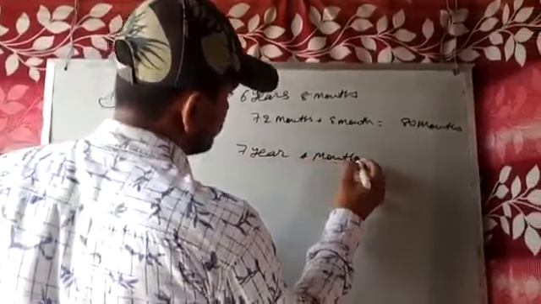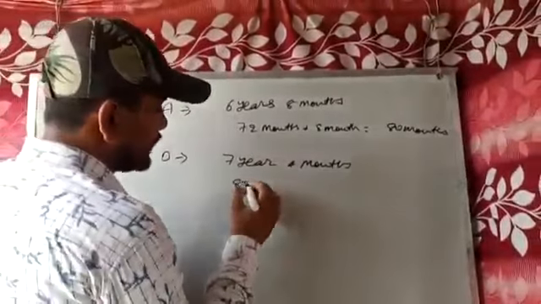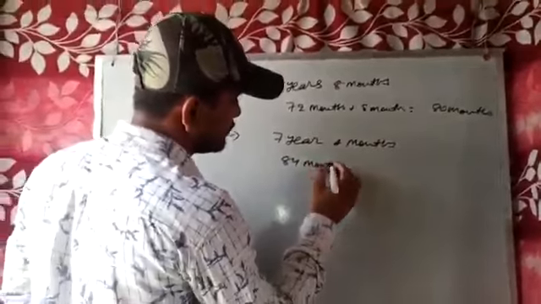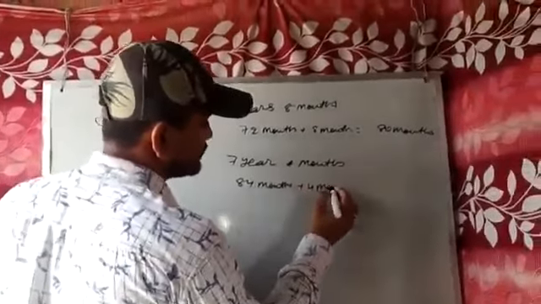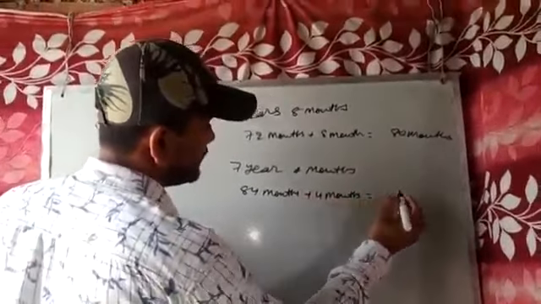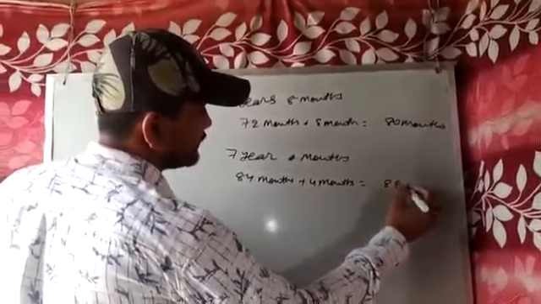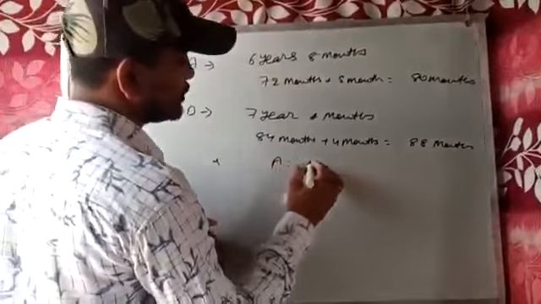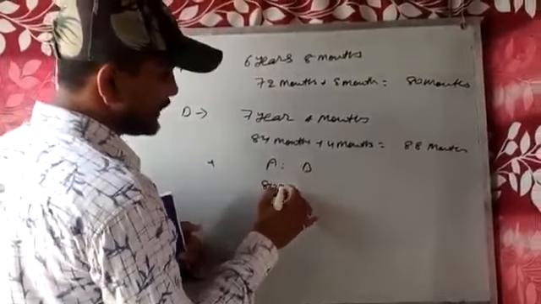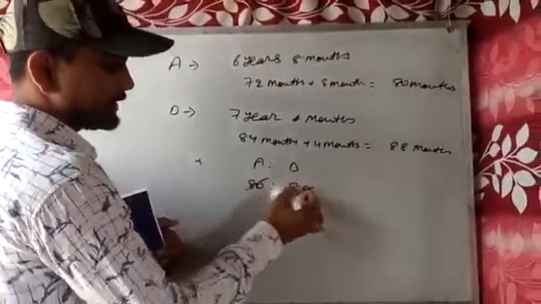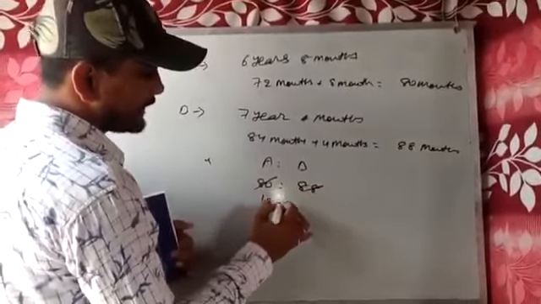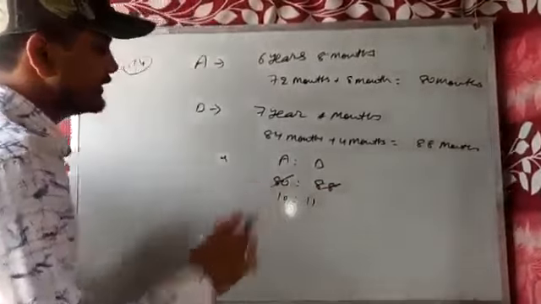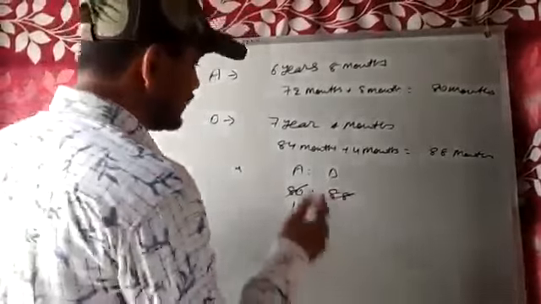In place of 7 years, we can write 84 months plus 4 months, that means 88 months. We can write the ratio of age A to B as 80:88. We can cut it by 8, so we get 10:11. So the ratio of their ages is 10:11.